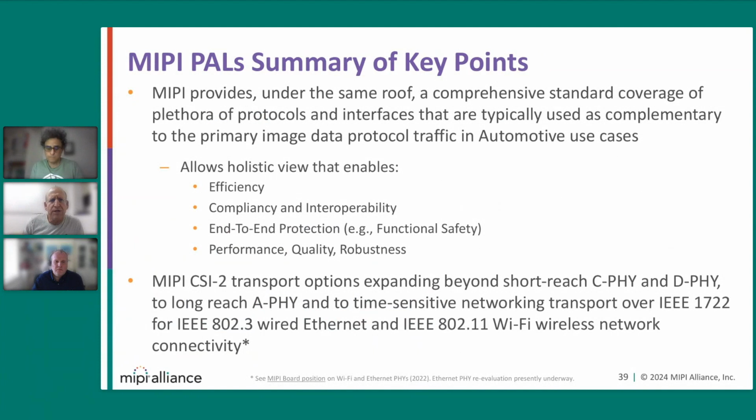This allows a holistic view that enables efficient use of link throughput, as we mentioned, also compliancy and interoperability, and end-to-end protection, which is a key feature in automotive, mainly for example for functional safety and performance, quality, robustness.